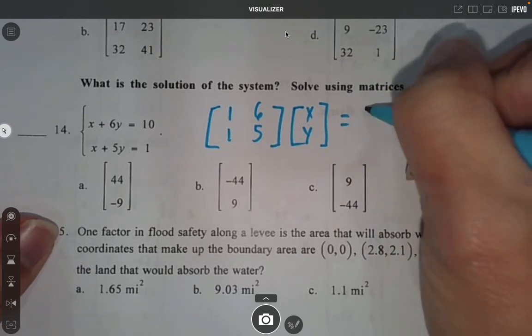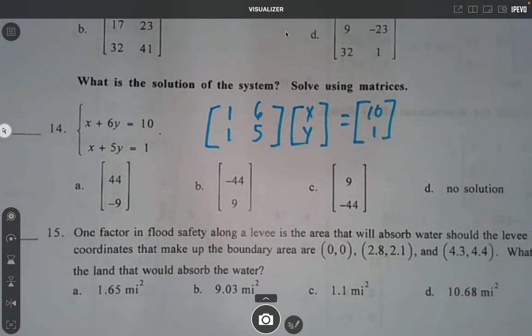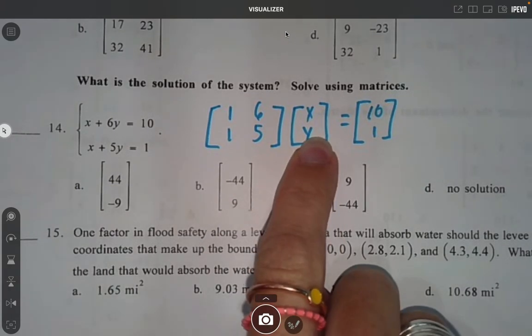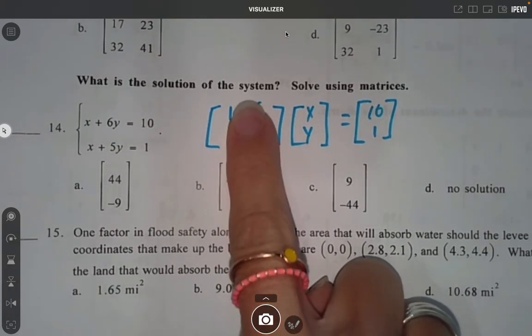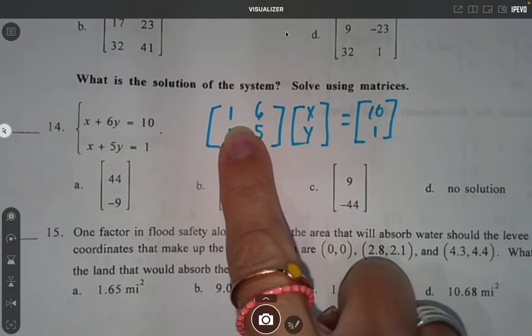There's my X and Y. And what numbers go over here? 10 and 1. Okay, so it might be a good idea for you to write that first. So then you know, okay, I'm trying to solve for this. So what needs to move over? This whole matrix. How do you move that over? Use the inverse to move it.